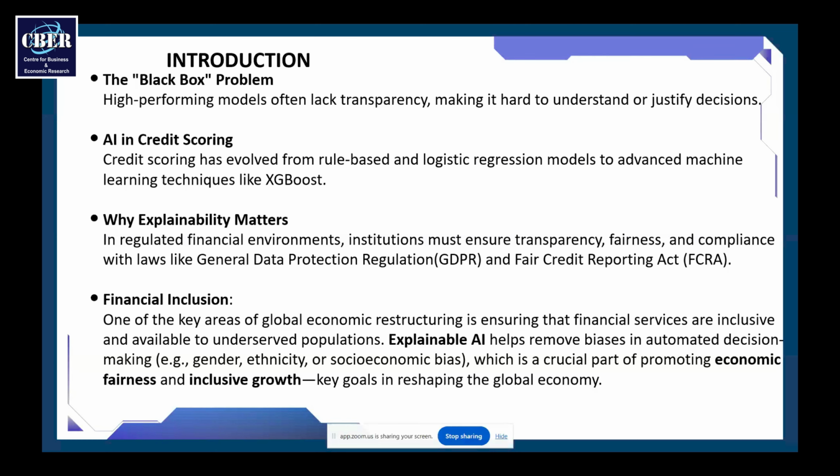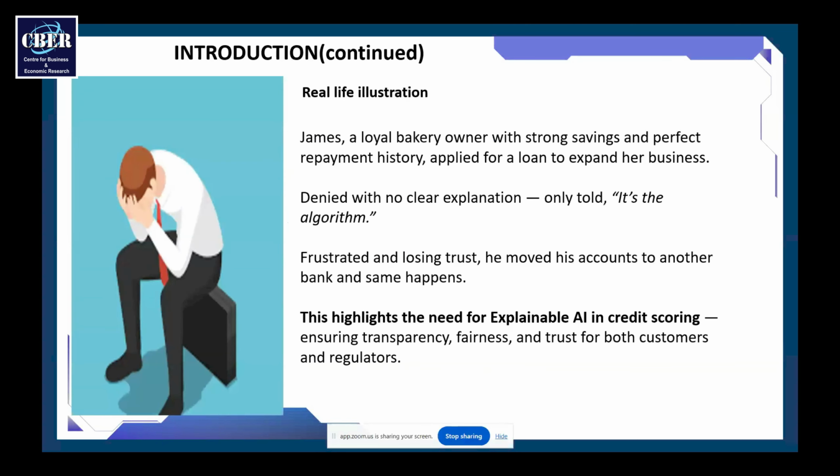It doesn't explain why those decisions have been made. And this calls for concern for regulatory authorities like the GDPR and the FCRA. They sometimes need to find out why some decisions are taken to be sure that there is no bias. That is the gap I'm trying to identify and resolve in this research.